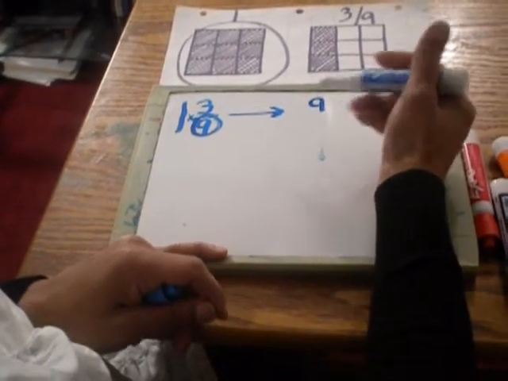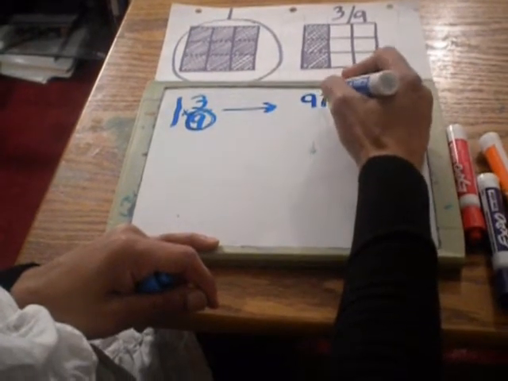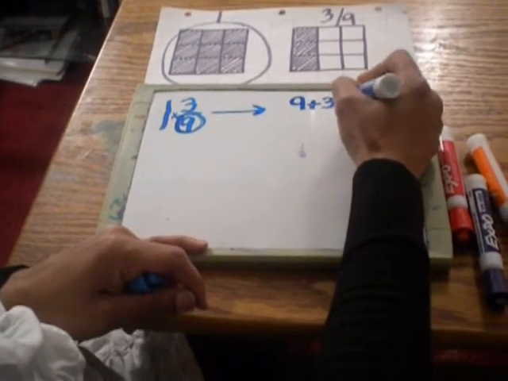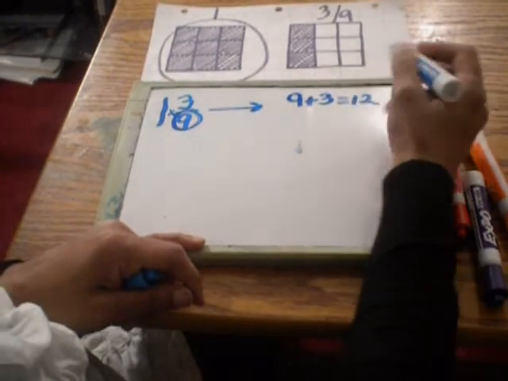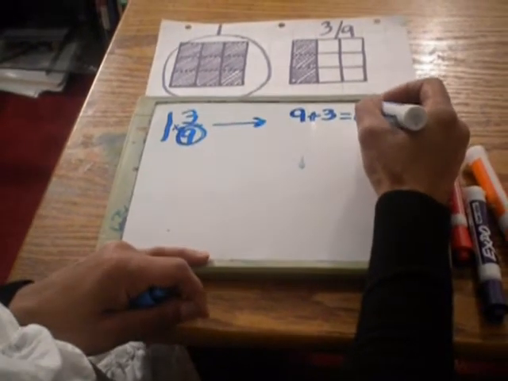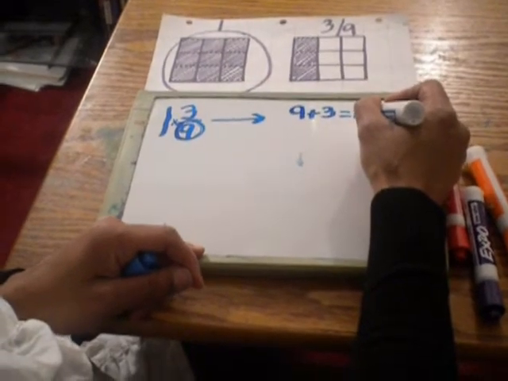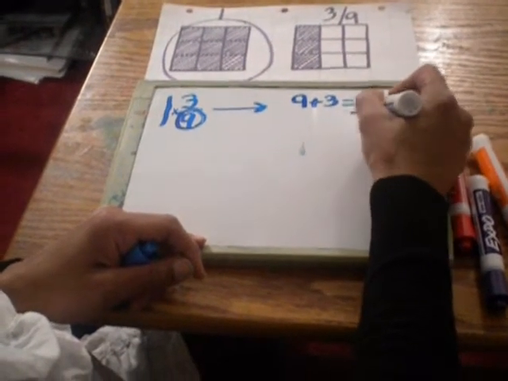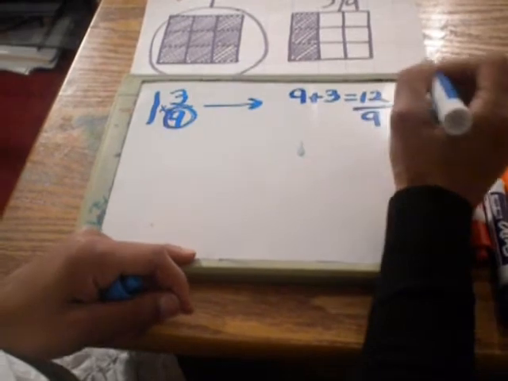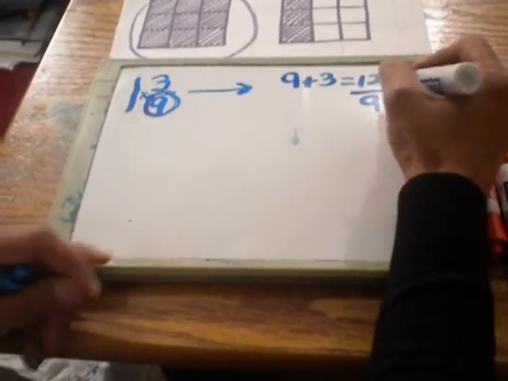And then we add 3. 9 plus 3 is 12. Our denominator stays the same. So our answer, or our improper fraction, is 12/9.